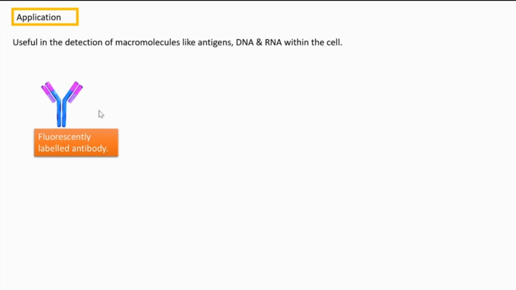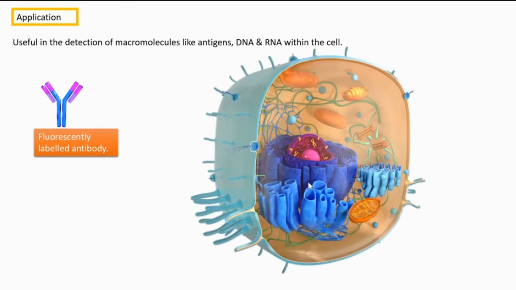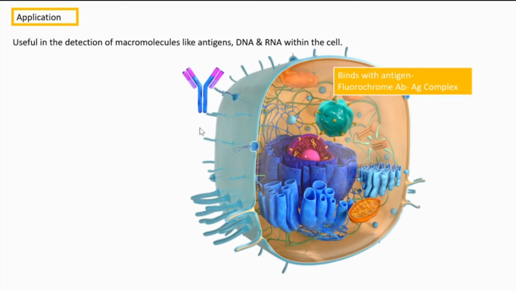Then what are we doing with this antibody? This is a cell. Suppose we are taking a cell. Then we are injecting that antibody into that cell, and that antibody very precisely goes and binds to some antigen present inside the cell. Somehow this antigen entered the cell. We have to locate where this antigen is present.